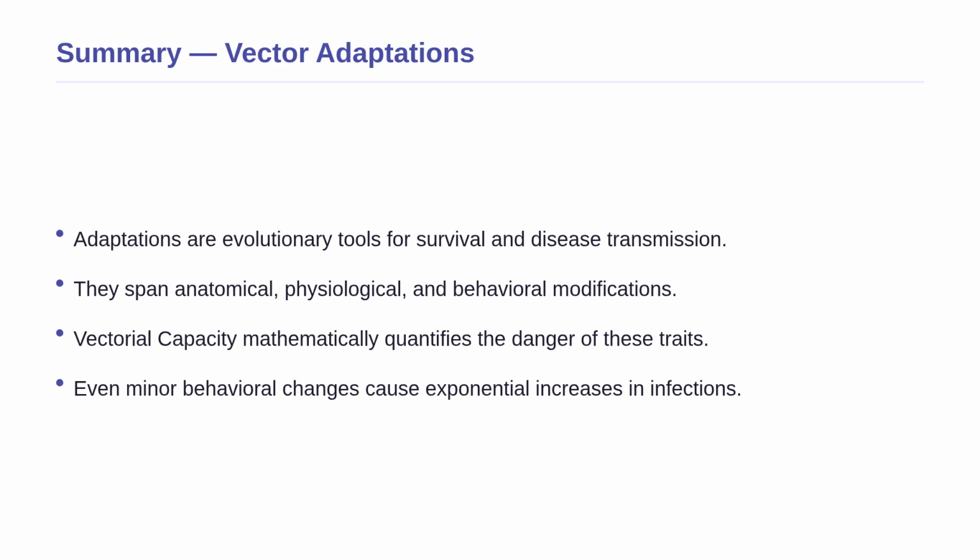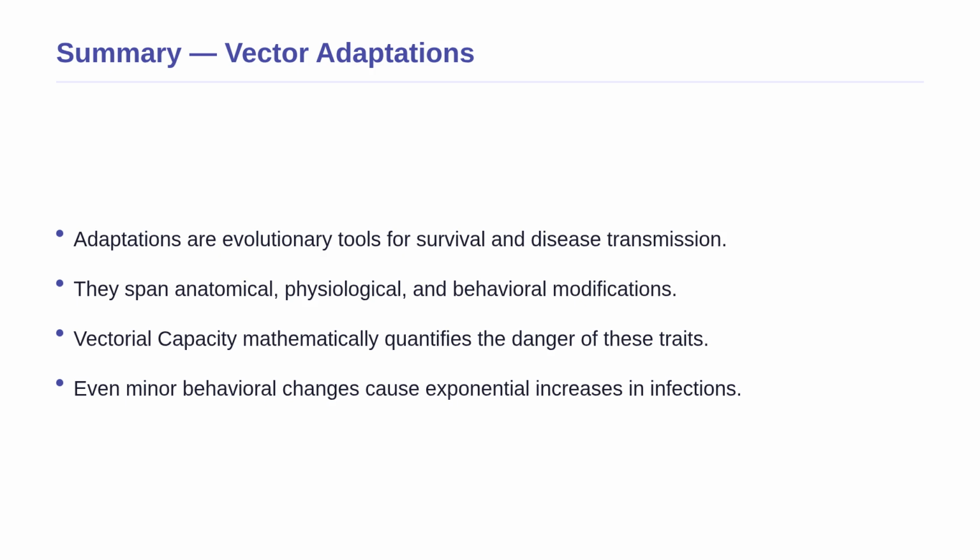To wrap up our lecture, let us review the key takeaways. First, insect vector adaptations are incredible evolutionary tools that allow insects to act as highly efficient disease transmitters. Second, these tools span anatomical perfection, physiological trickery, and behavioral instincts.